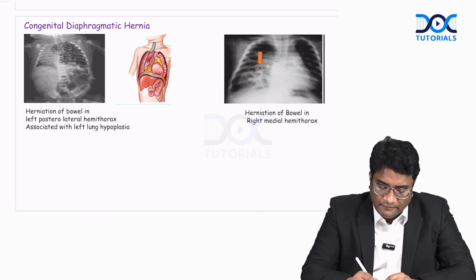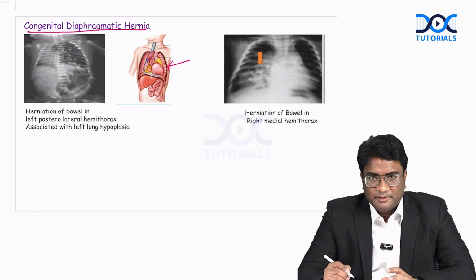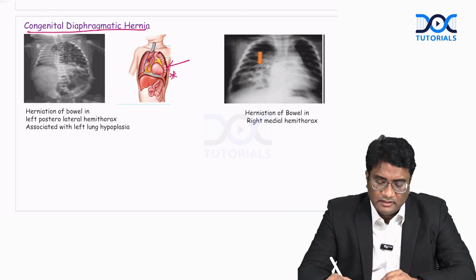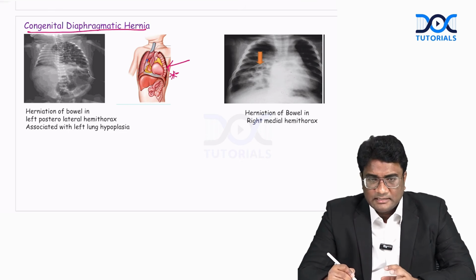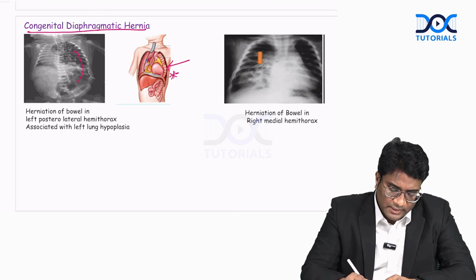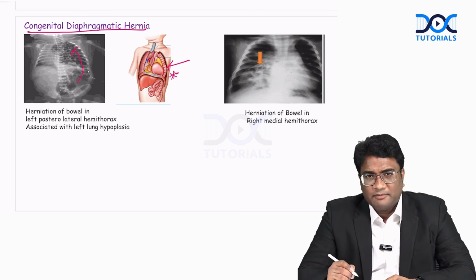This is congenital diaphragmatic hernia, where you see the bowel loops herniating into the hemithorax, compressing the mediastinal structures and the lung on that side. The most common type of congenital diaphragmatic hernia is this left posterolateral defect, where the bowel loops enter the left hemithorax, causing left lung hypoplasia and mediastinal shift to the right side.